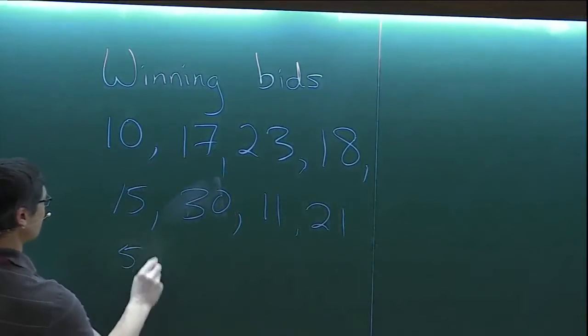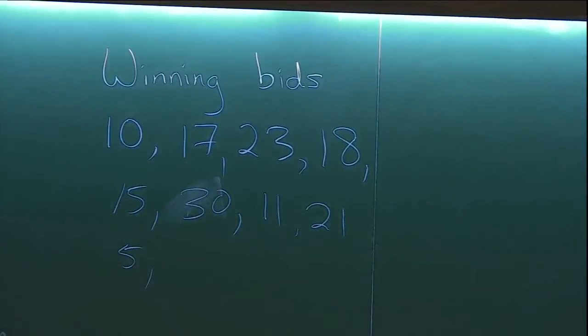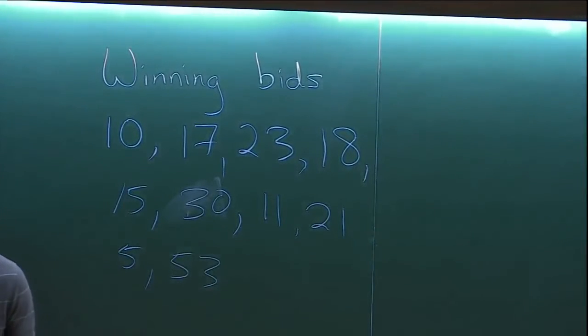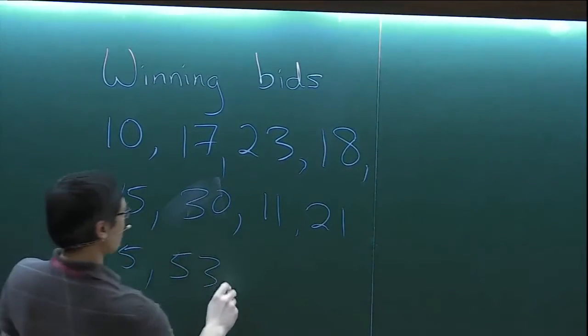Oh, interesting, we got a low bid. 5. 50. 53. Okay, wow, that's all right, 53. Okay, is that it? All right, one more. 39, okay.